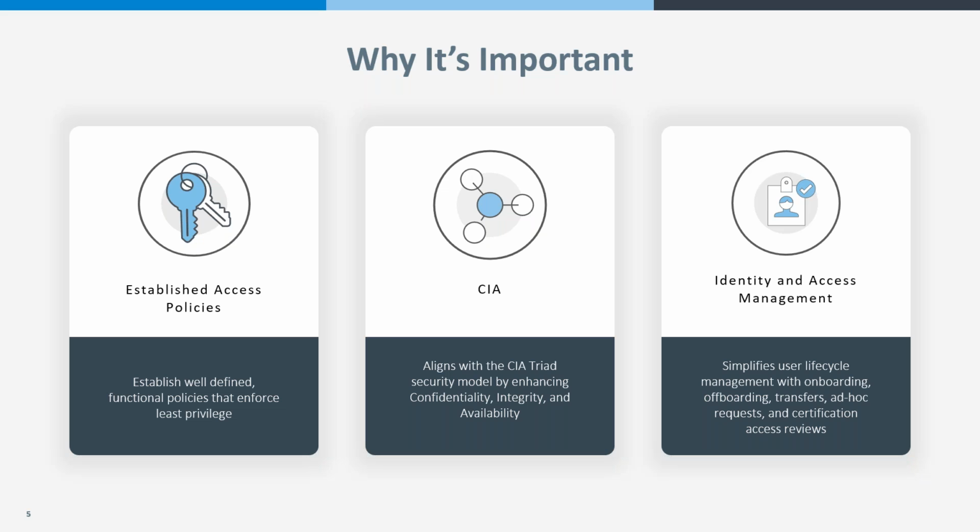Automated offboarding can quickly remove all of a user's access on their termination date, which is very important to make sure that that access is restricted because they no longer need it.